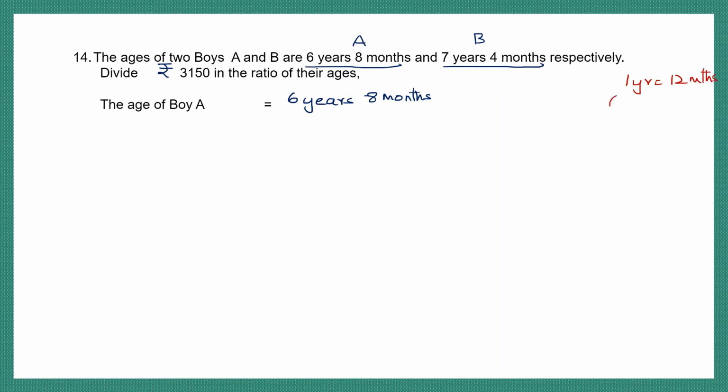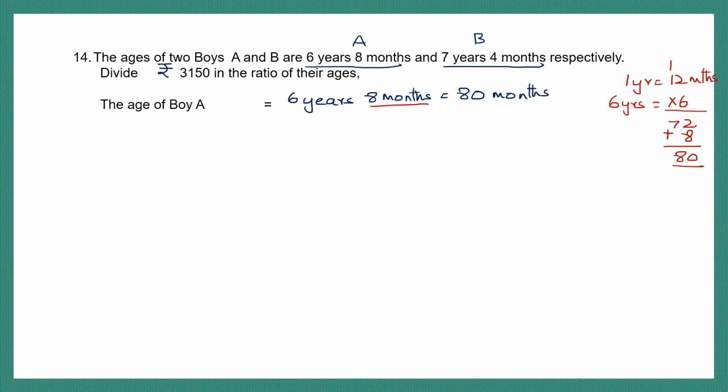So 6 years will have 12 into 6. 6 twos are 12, carry 1, 6 ones are 6 plus 1, 7. 72 months, and let's add this 8 months also to it, plus 8 makes it 80. Okay, so we have converted the age of the boy to 80 months.